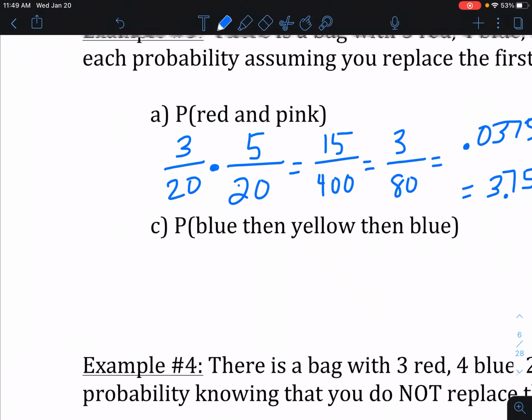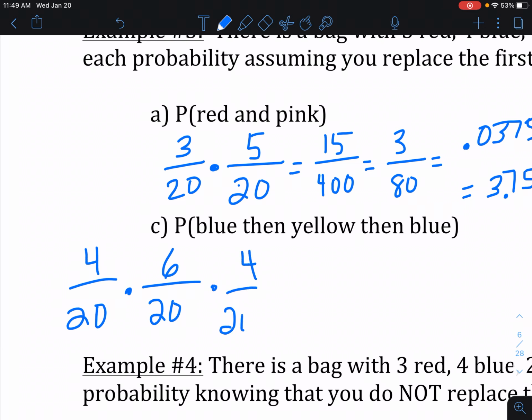Okay, letter C, the probability of getting a blue, then a yellow, then a blue. So we have 3 things in a row. The first blue is 4 out of 20. We put it back. And then we grab a yellow, so that would be a 6 out of 20 chance, put it back. And then another blue, 4 out of 20 chance, and put it back. Then we multiply all of these together.